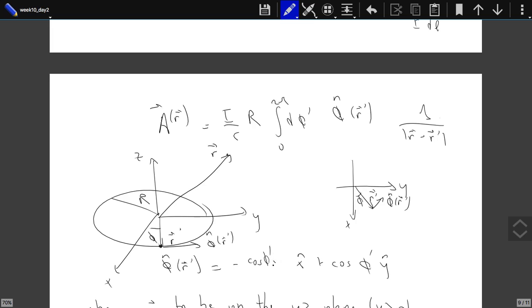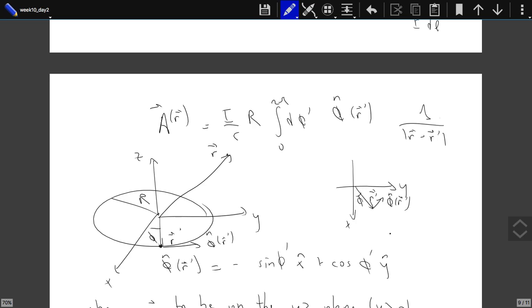Now it's sine. You see, when phi is 0, phi hat is in the y direction. So the coefficient of x hat should be sine, and the coefficient of y hat is cosine.